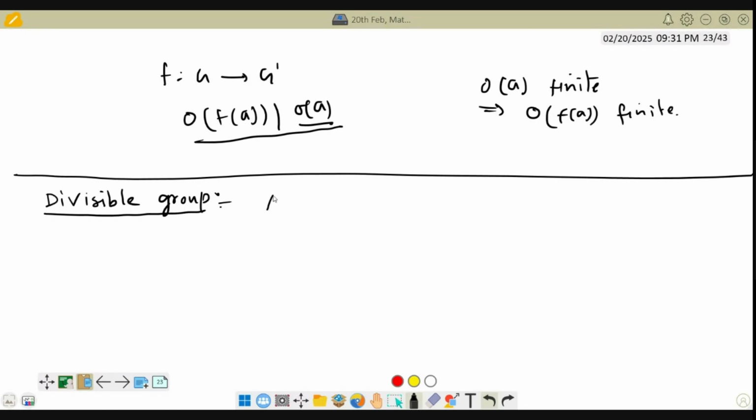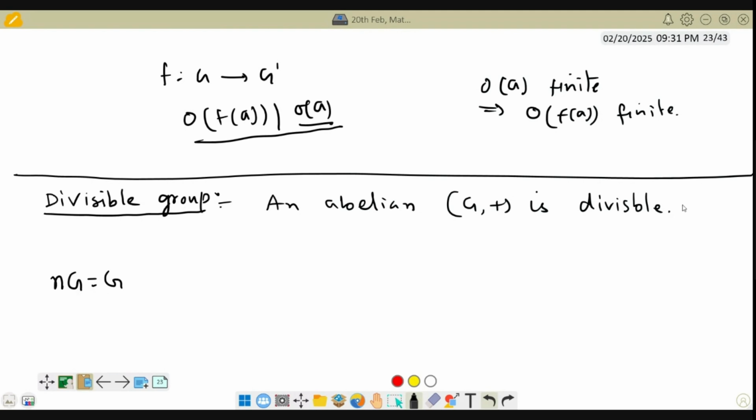Suppose you have an abelian group G. It's divisible means, you can say in one word, that for every positive integer n there is an element such that n g equals g, but I am writing the proper definition.